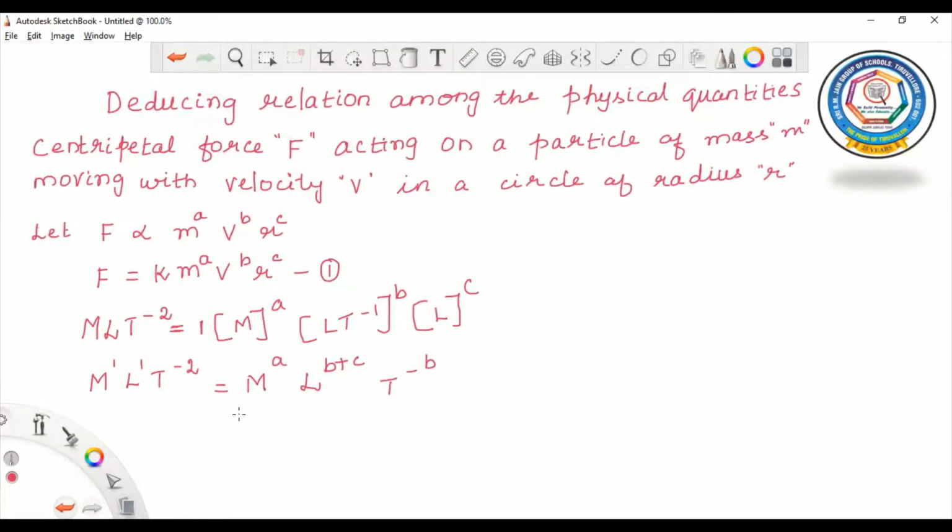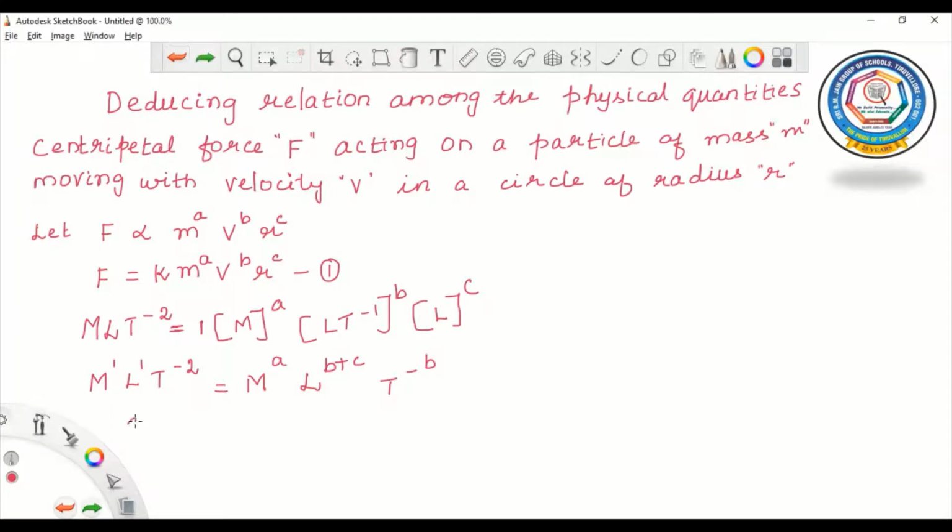So now we are going to compare the dimensions of similar quantities on both the sides. Here you have M power 1, here you have M power a. So what is the value of a, children, when you compare?